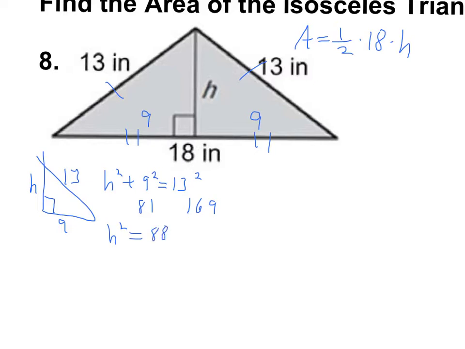We're going to take the square root of both sides. So square root 88. All right, that does not come out evenly, but perhaps we can find a perfect square that goes into 88 that does. Remember our list of perfect squares, 4, 9, 16, 25, and so on. I'm pretty sure that 4 works.